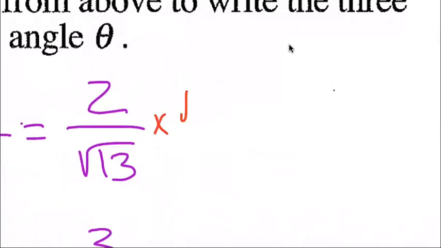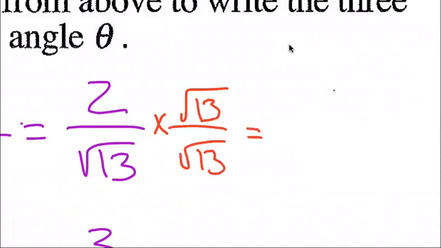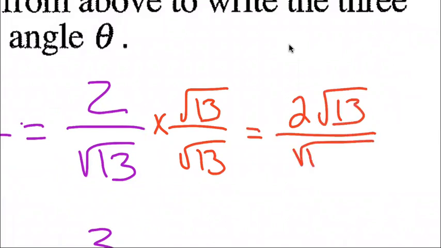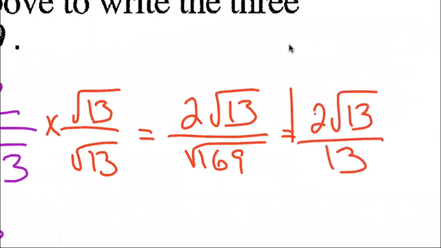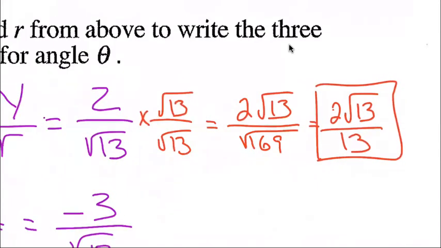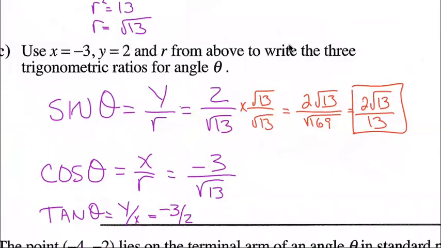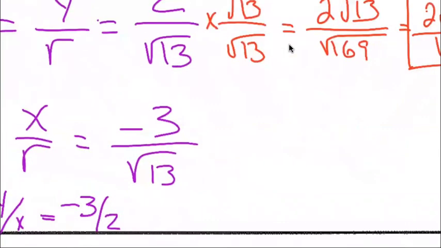I'm going to multiply by root 13 over root 13. That's going to give me 2 root 13 over square root of 169, which is just 13. 2 root 13 over 13. That is my final answer for the sine of this angle. And I do the same for this one.